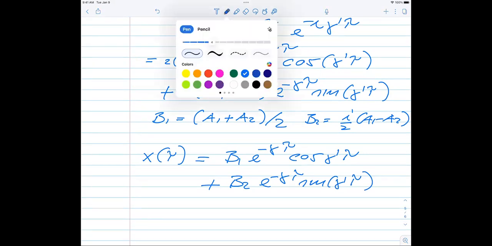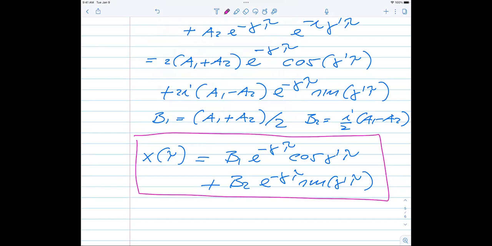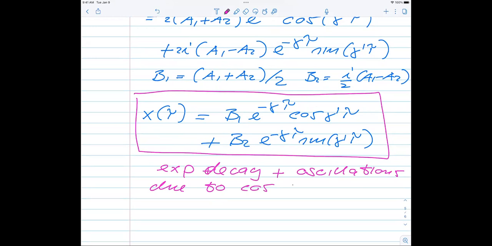So let's just frame it in. That is my underdamped case, where we now have an exponential decay plus an oscillation due to the cosines and sines. So an exponential decay plus oscillations, due to sine and cosine.